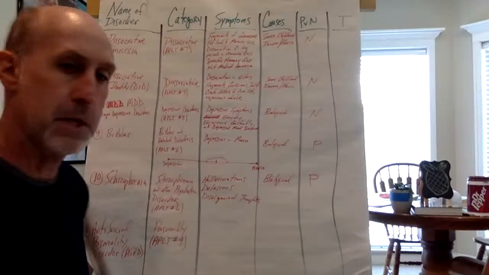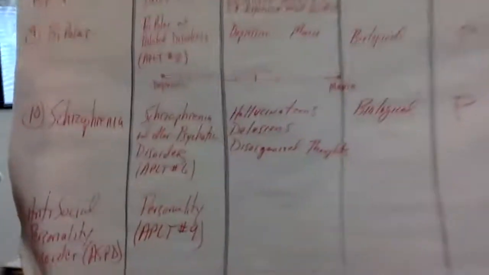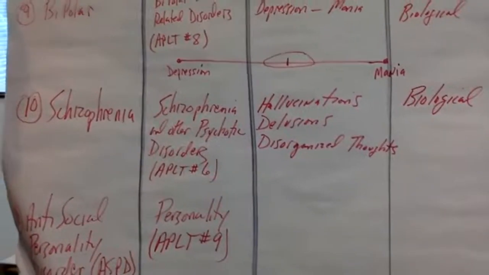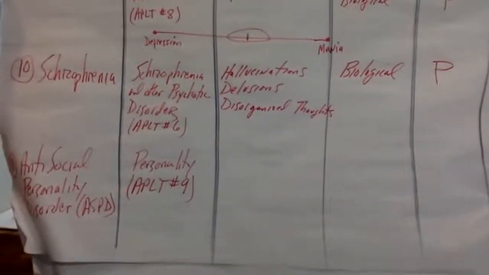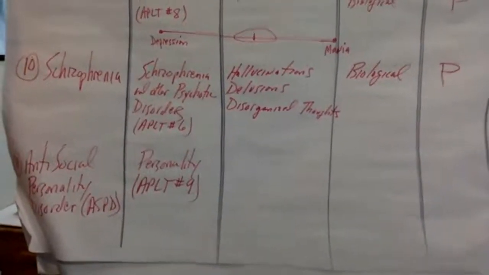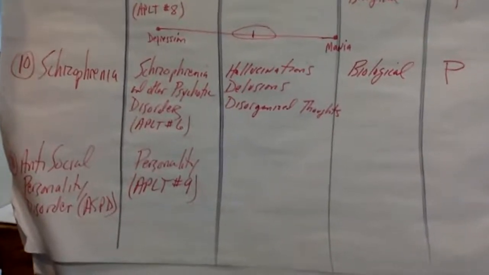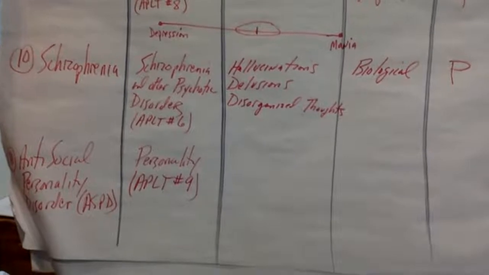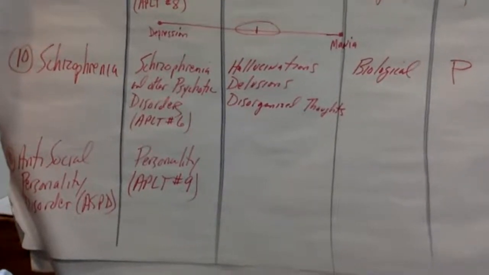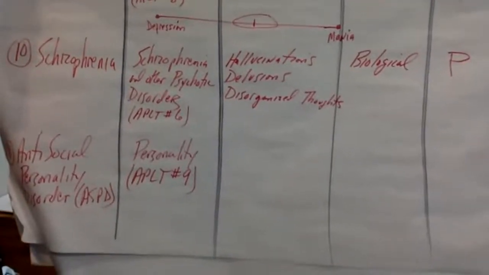All right. Okay. So schizophrenia and other psychotic disorders is the category, AP Learning Target number 6. Hallucinations and delusions are basically the positive symptoms. Those are what you really need to know.